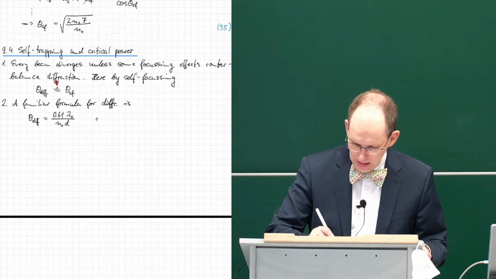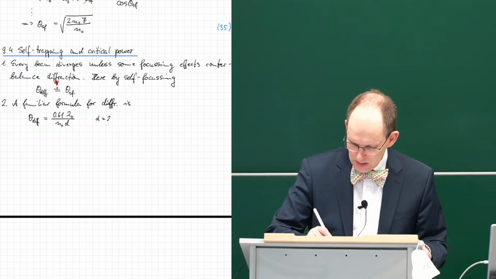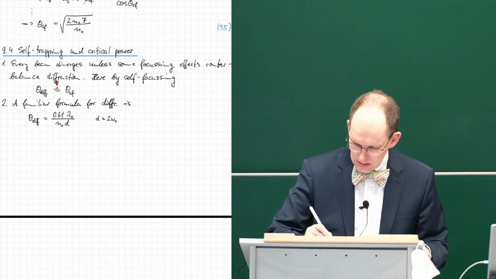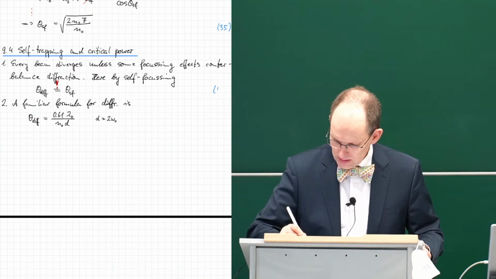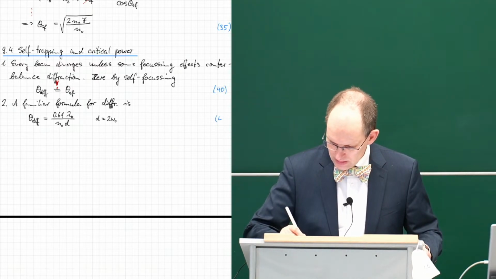And d, if it would be a Gaussian beam, this would be 2 times this beam waist. So that's equation 40, and here 41.